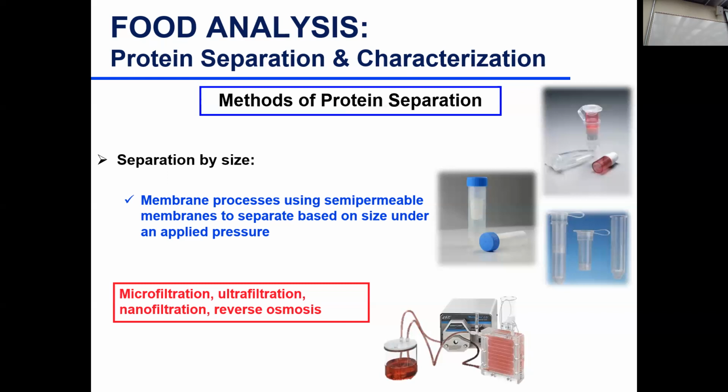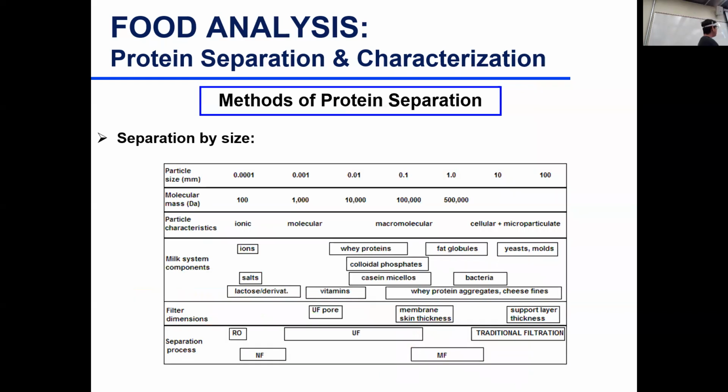Depending on the size of the pores, you can have microfiltration, ultrafiltration, nanofiltration, or reverse osmosis. Here's a table that summarizes the separation based on particle size, molecular weight, and characteristics of the particle.